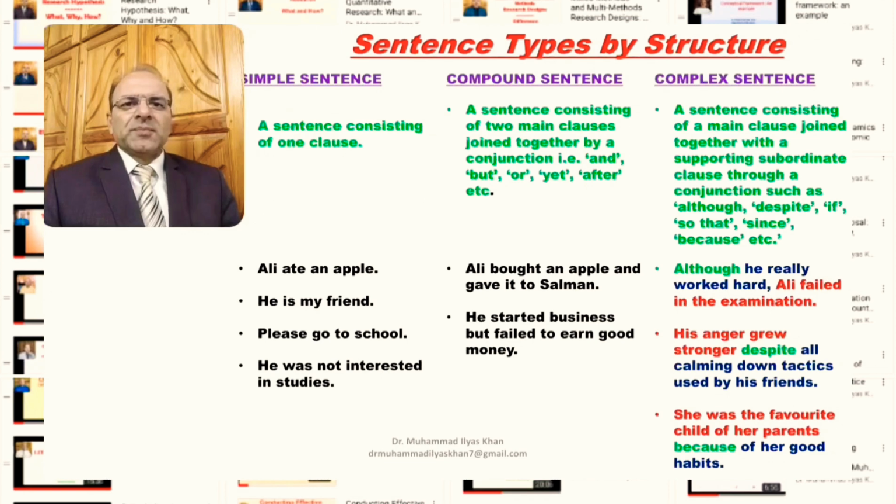So the supporting or subordinate clause is dependent on the main clause for giving sense. Then, she was the favorite child of her parents because of her good habits. Again, you can see that the independent main clause and the subordinate supporting clause combine together to give us this complex sentence.